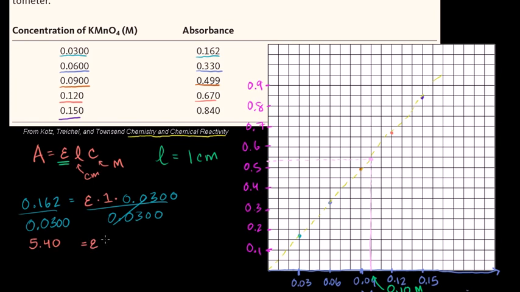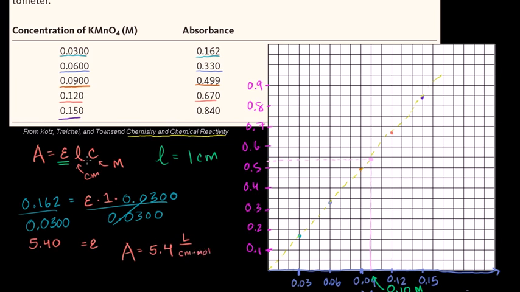Now, we can use this to figure out the exact answer to our problem without having to eyeball it like we just did. We know that for potassium permanganate at 540 nanometers, the absorbance is going to be equal to 5.4 times, and I'll put the units here. The units of this proportionality constant right here is liters per centimeter mole.